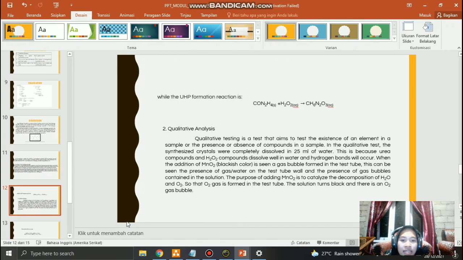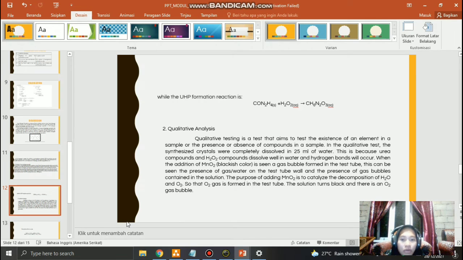Qualitative testing is a test that aims to determine the existence of an element in a sample, the presence or absence of compounds in a sample. In the qualitative test, the synthesis result was completely dissolved in 25 ml of water.